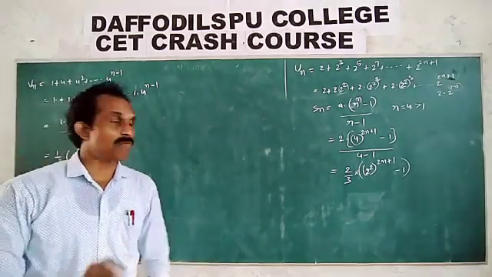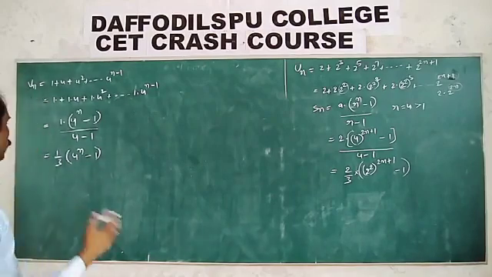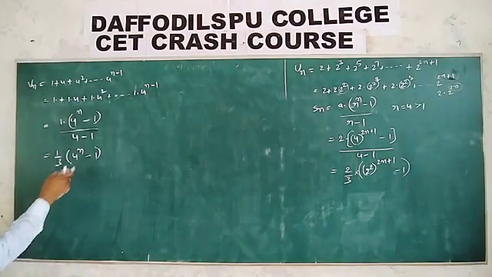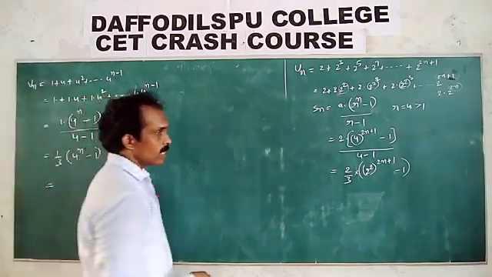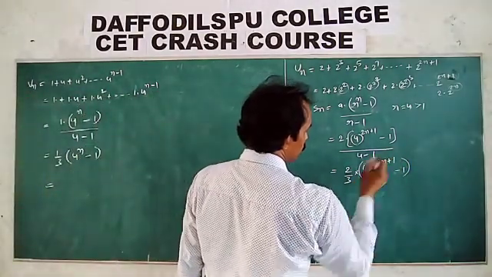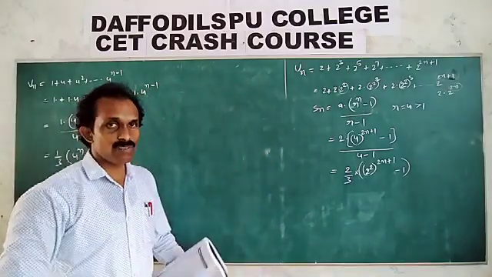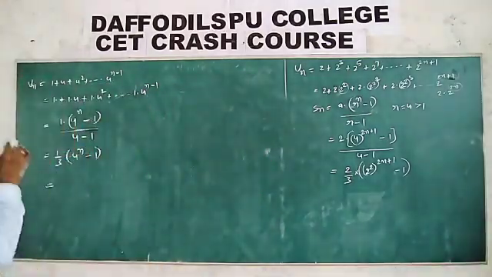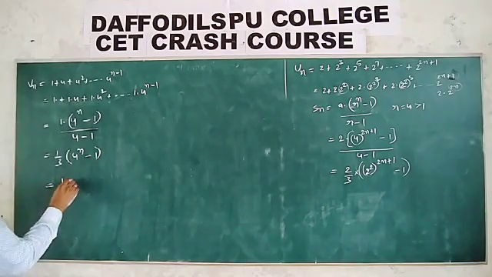Here n tends to infinity. Direct substitution gives 4 to the power of infinity, which is an infinite value, and here also 4 to the power of 2n plus 1 means infinity. It is not determined, so we will convert and adjust this 1 by 3.